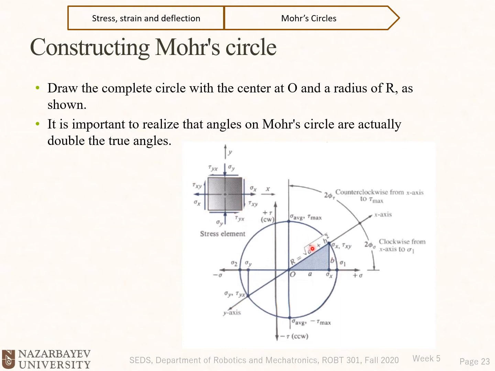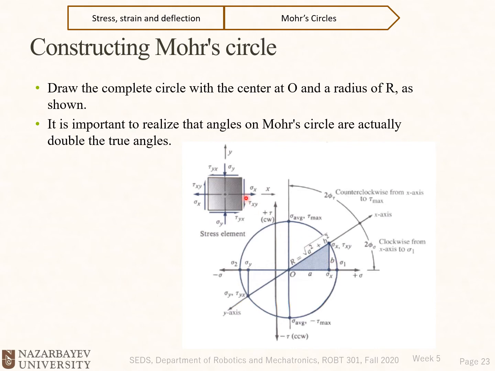If we need to find a principal coordinate system, we need to rotate this element by phi sigma, not 2 phi sigma. So if we calculate this angle and find that, for example, it is 60 degrees, in reality we need to rotate the element only 30 degrees.